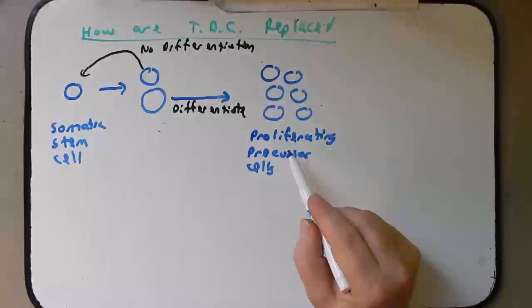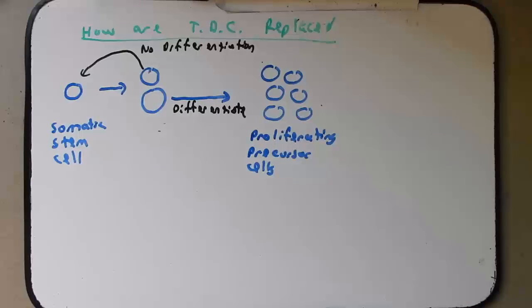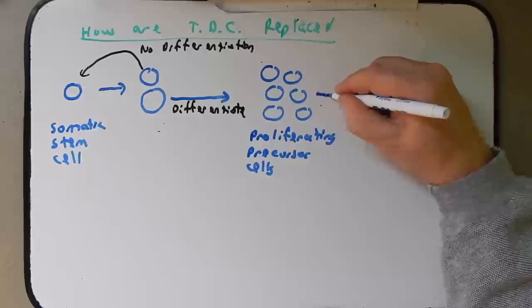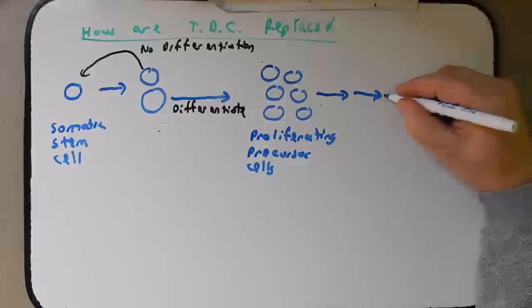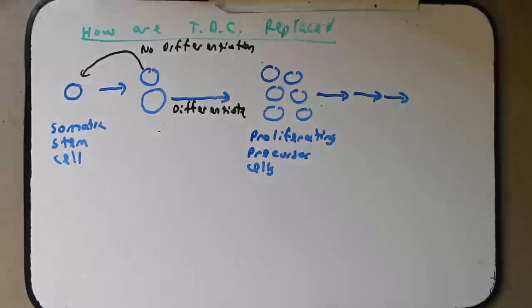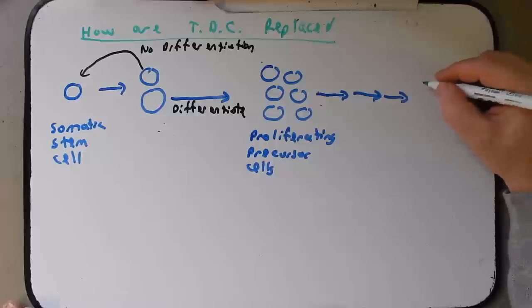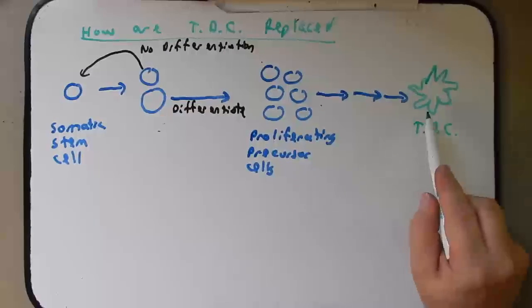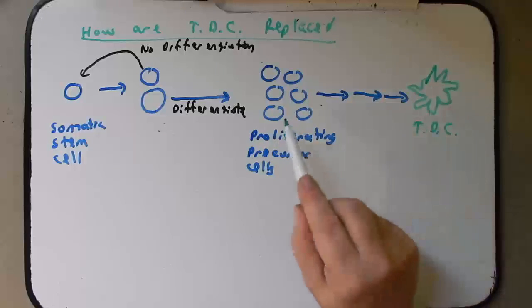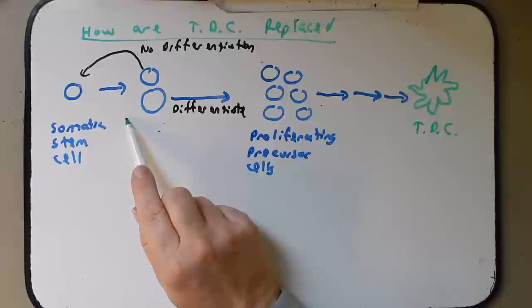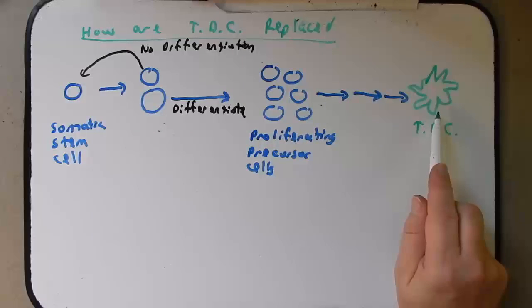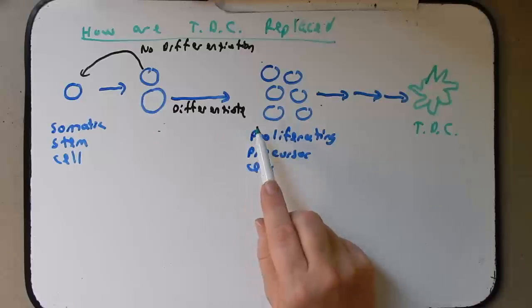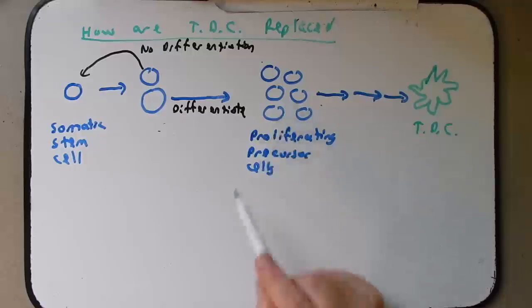Now this population of proliferating precursor cells can be quite large, but this is the source of cells that will be used through several rounds of cell differentiation to produce a terminally differentiated cell. Now I drew it looking quite different, and it should be noted that as you go from somatic stem cell to your terminally differentiated cell, not only is there a change in pattern of gene expression, but the cell shape will also change, as well as this cell function.